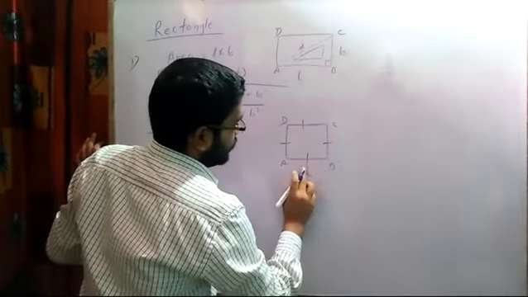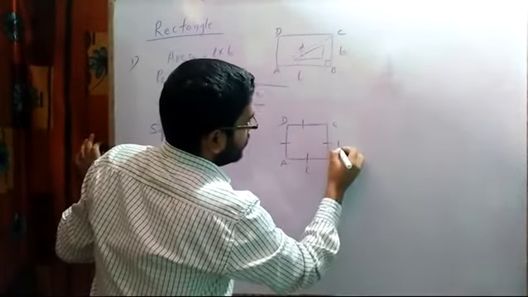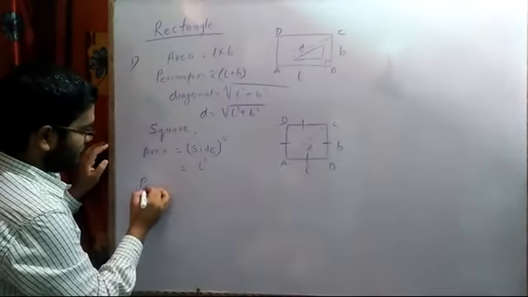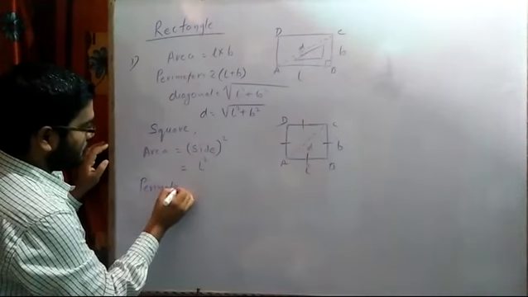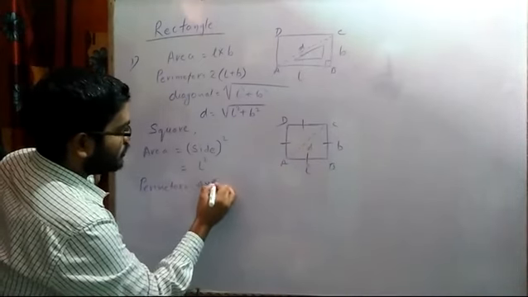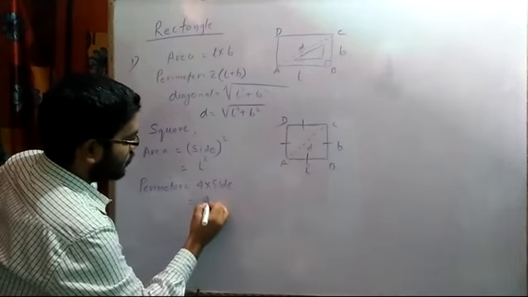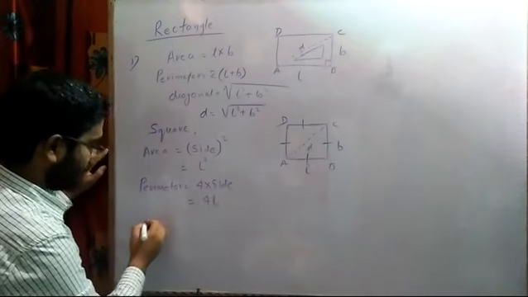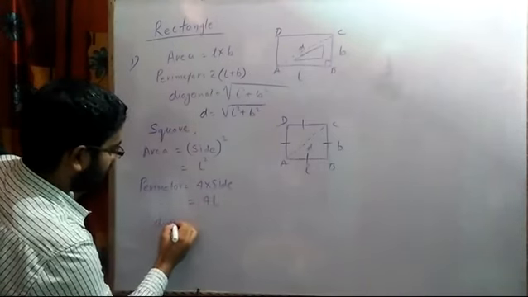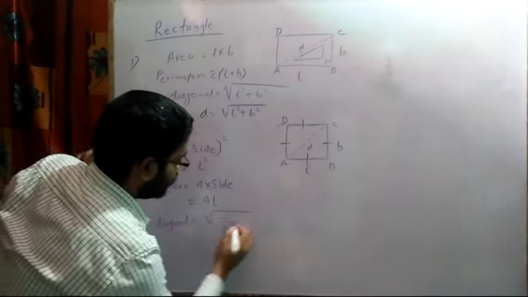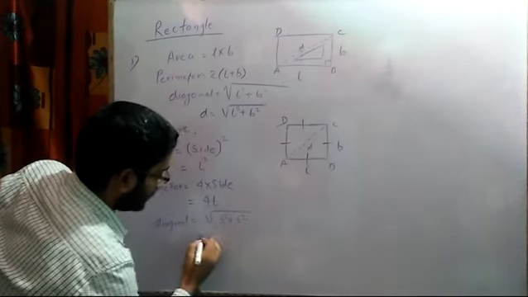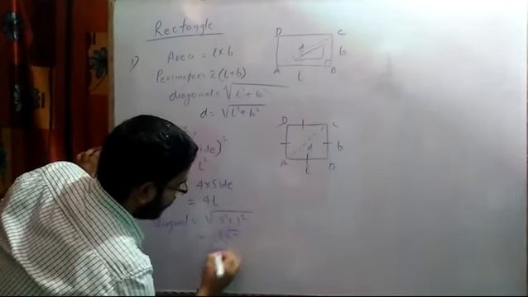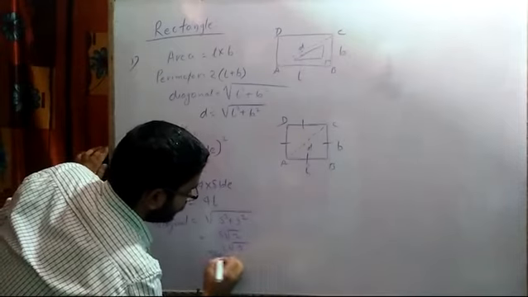Again the same thing here, diagonal. Perimeter is equal to 4 into side, that is 4 into L. Correct? 4 into L. Now we have diagonal. Diagonal is equal to root under of side square plus side square, that means 2 side square, that means S root 2, or you say L root under 2.